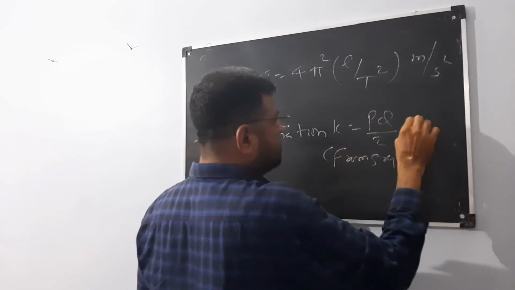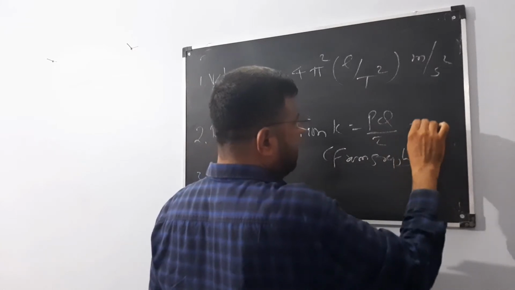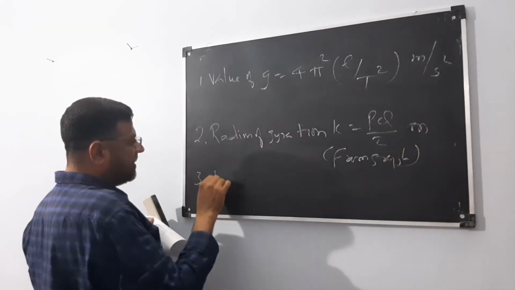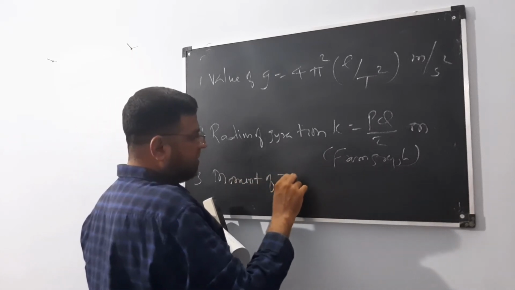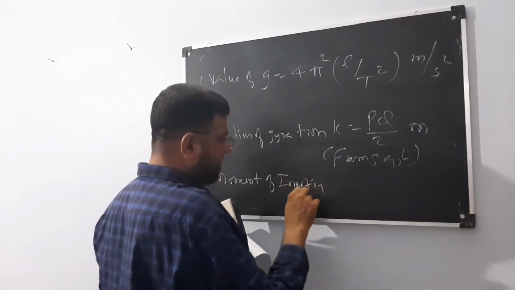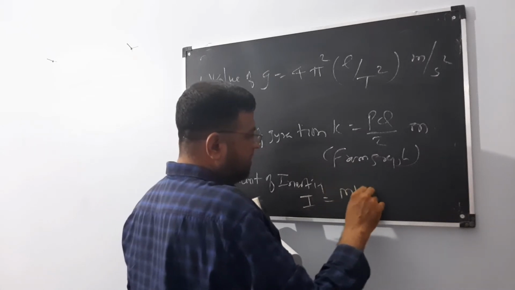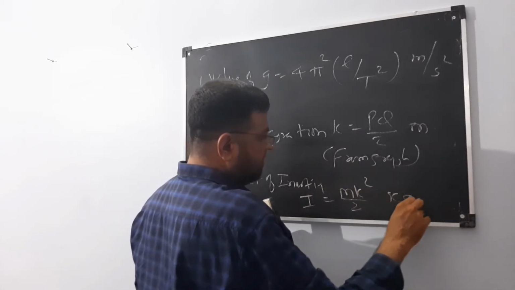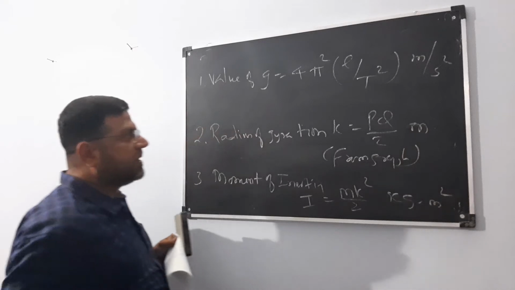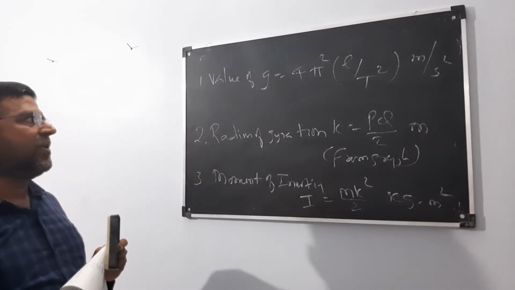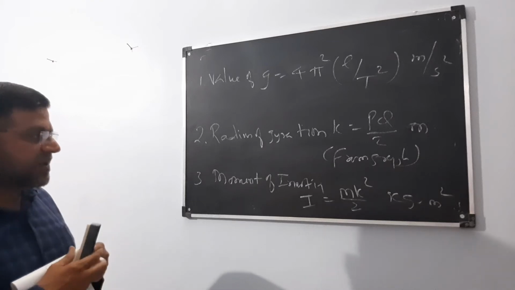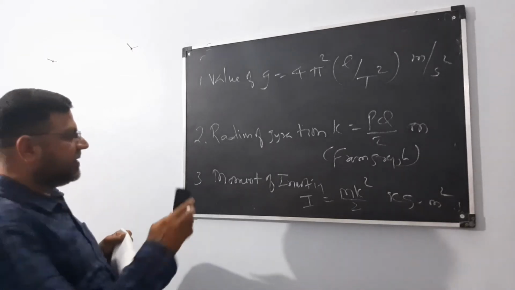PQ so many centimeter or meter, and third one is moment of inertia. Moment of inertia I is equal to mk square by 2 kilogram meter square. These are three things we are determining for a compound pendulum in the lab. What is the value of acceleration due to gravity, radius of gyration, and moment of inertia.